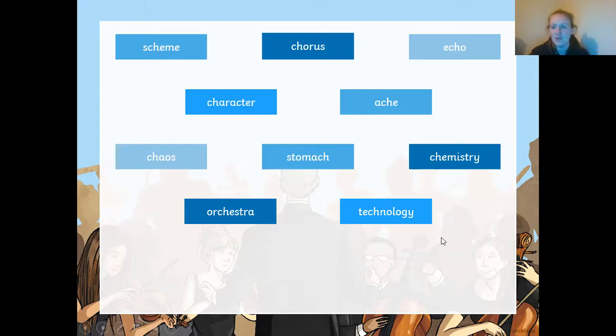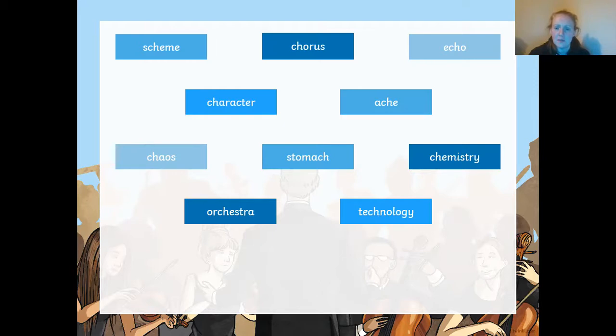Last one, and I'm hoping you should know this one quite well because you're very good at it in year 3. Let me sound it out with you. Tek. Null. Oggy. So technology. There's something not quite right there.